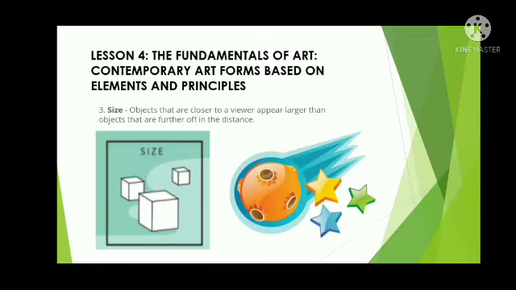Next, we have the size. So when we say size, objects that are closer to a viewer appear larger than objects that are farther off in the distance. So when you look at an art that follows size, it seems that the larger object is nearest from your point of view than the object behind it.